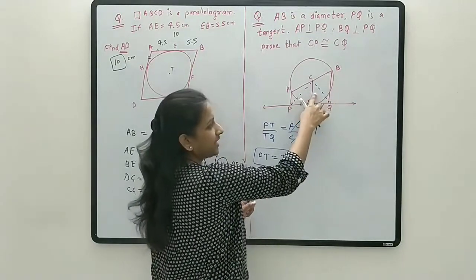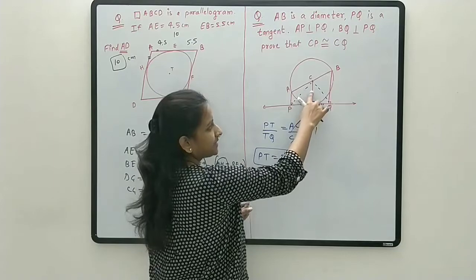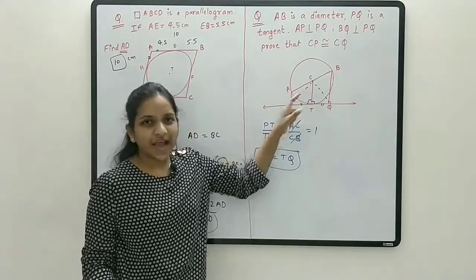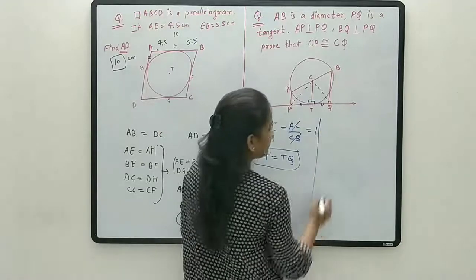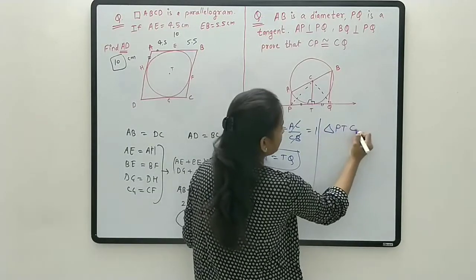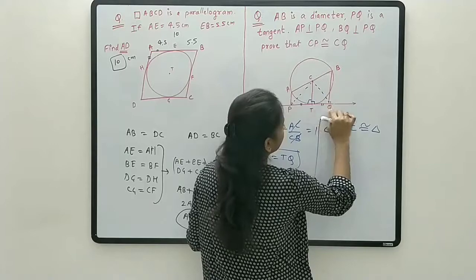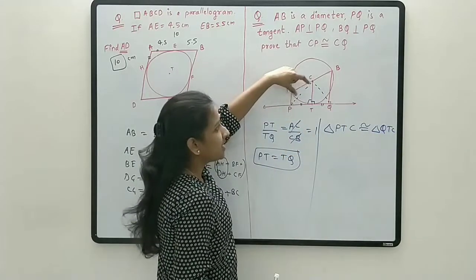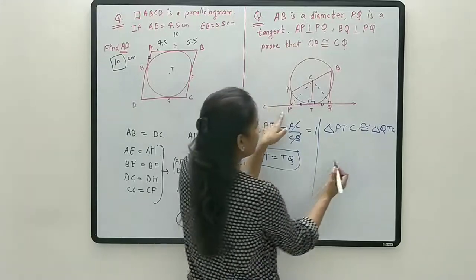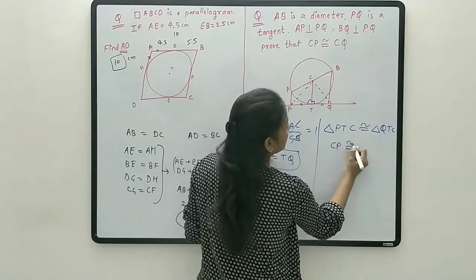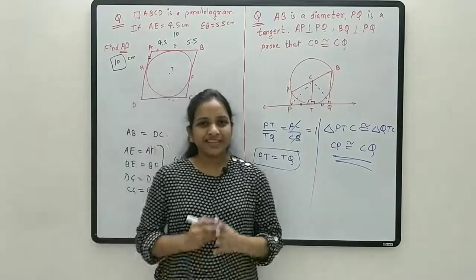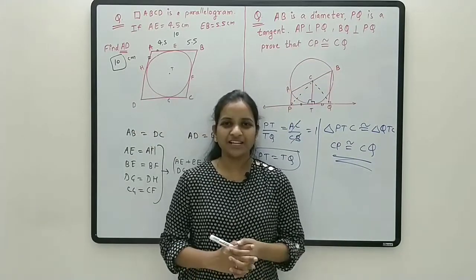So for these two right-angled triangles, by the SAS test, the two triangles are congruent. So triangle PTC is congruent to triangle QTC. The third corresponding sides will be congruent, so CP is congruent to CQ. Hence proved. Understood? Thank you everyone. Hope you liked this video and understood the concept.